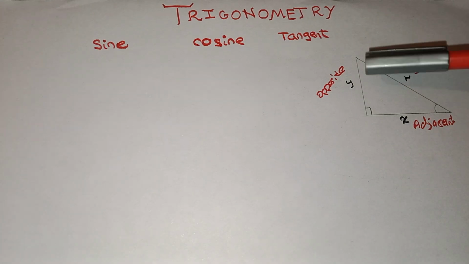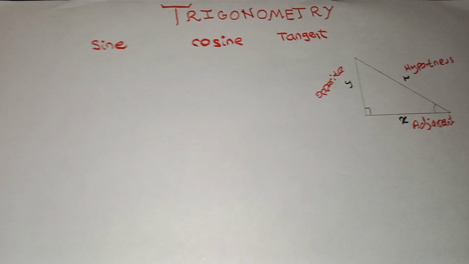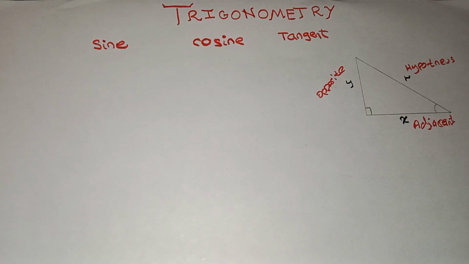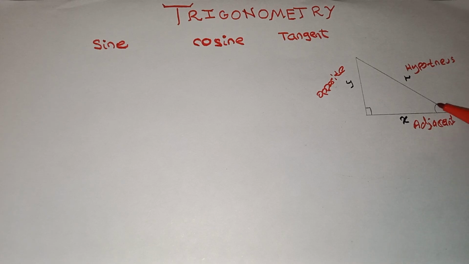Which is the greater length of this triangle? This one, the side opposite the right angle, is always known as the hypotenuse. Adjacent is the smaller side, and opposite is opposite to the angle, this angle theta. That opposite to theta is always the opposite, and adjacent is this, the baseline.